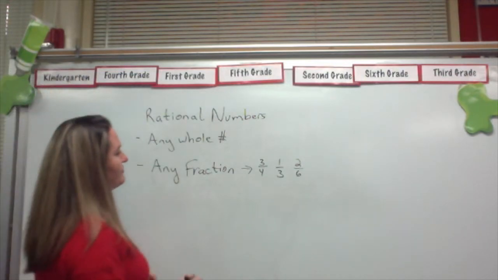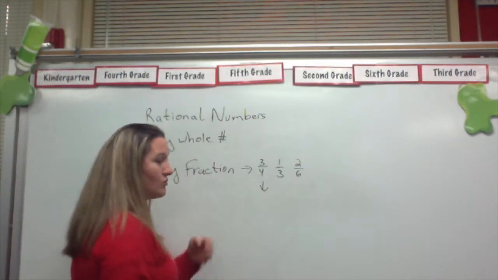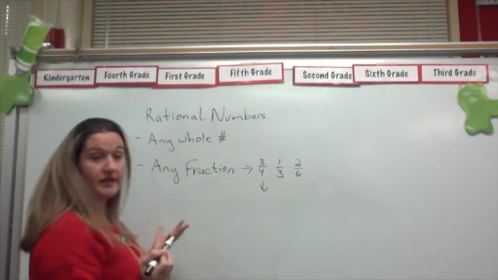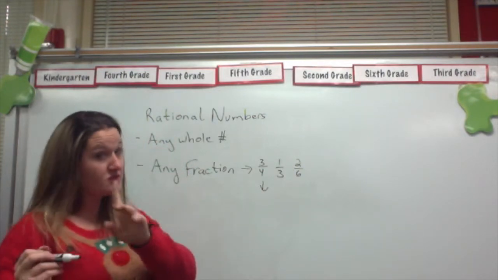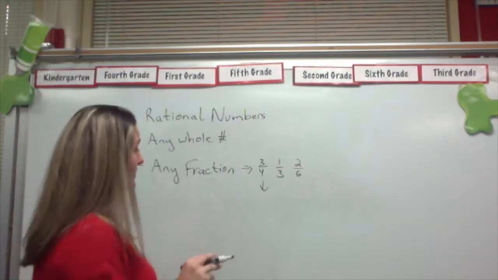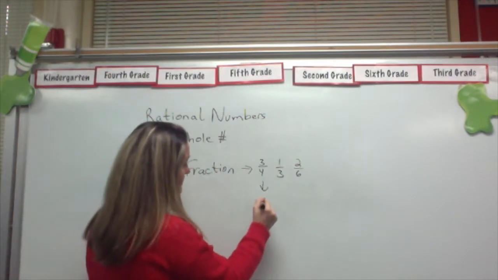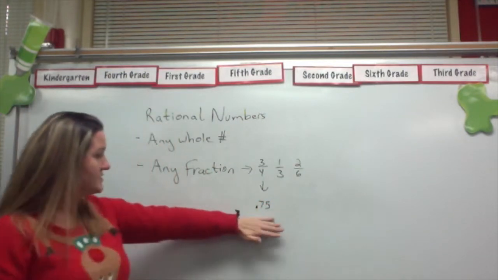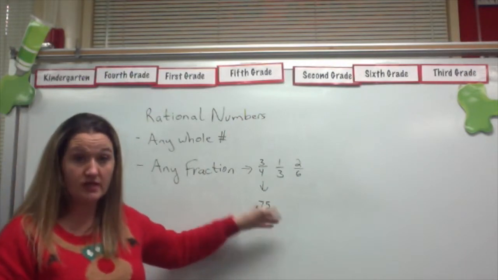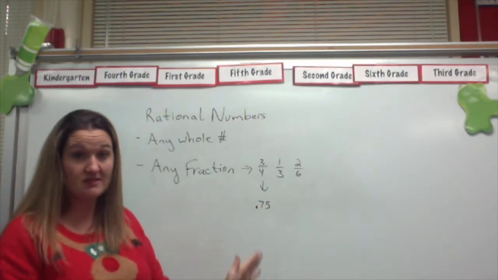Now the flip side: is it also any decimal? Well, not any decimal. This is where it gets a little different. 3/4 is 0.75. It is a decimal. This is called a terminating decimal. It has an endpoint. 0.75, that's it. There's nothing else.